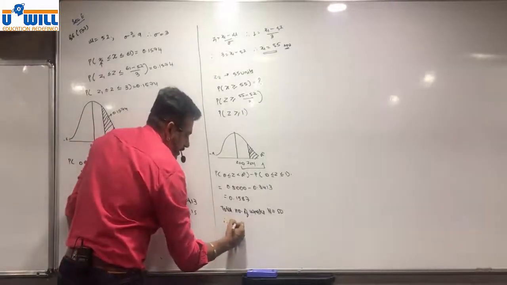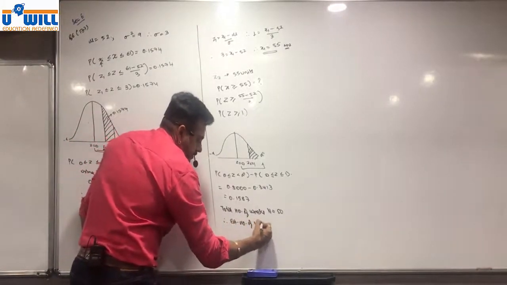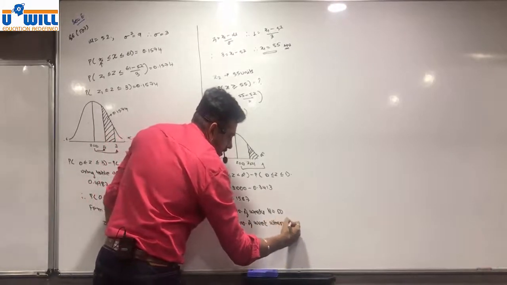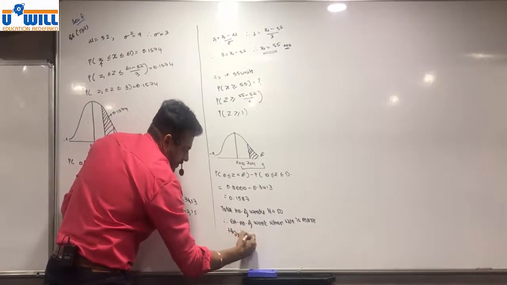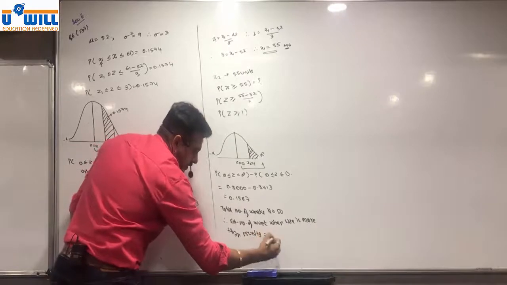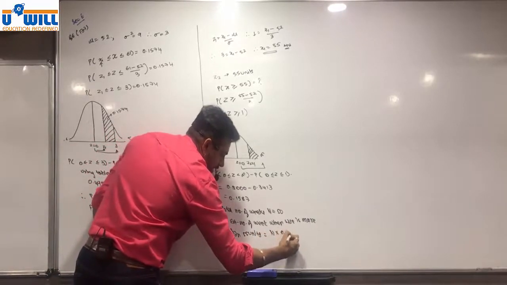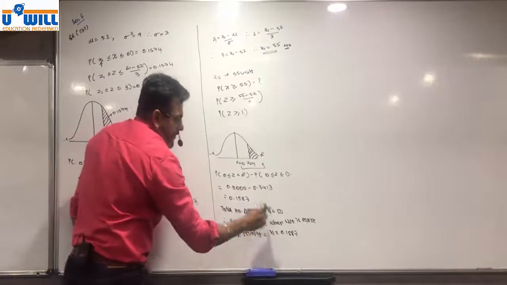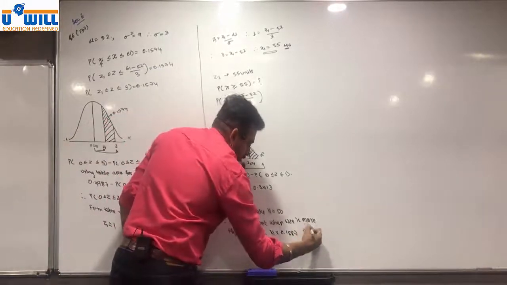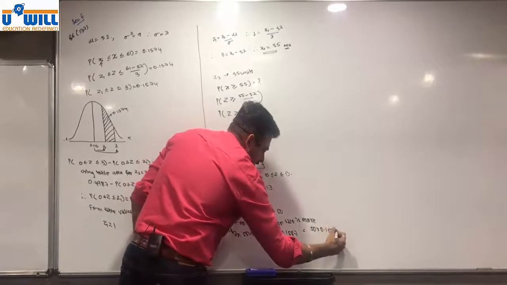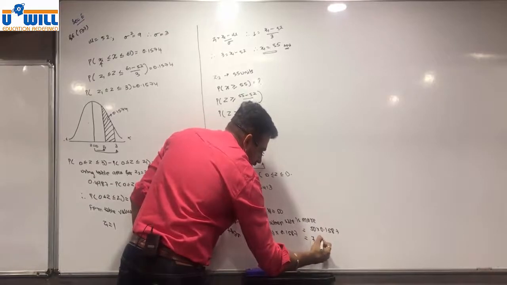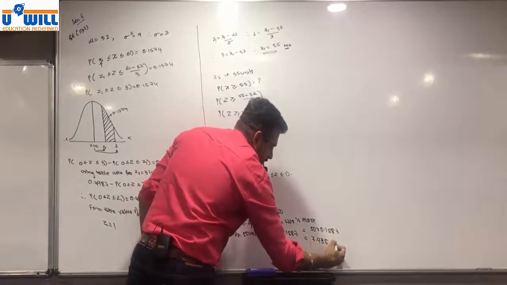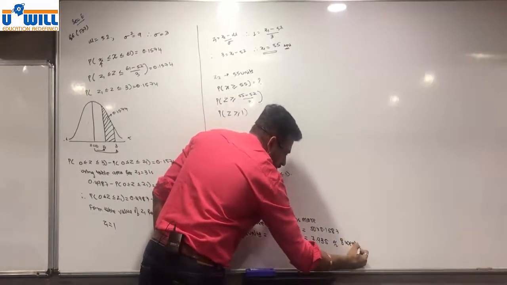Therefore, estimated number of weeks when sale is more than 55 units is equal to capital N into probability of sale of more than 55 units, which is equal to 50 into 0.1587, which is equal to 7.935, which is equivalent to 8 weeks. Answer.